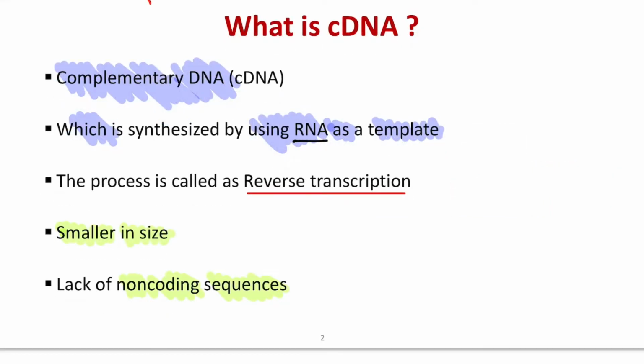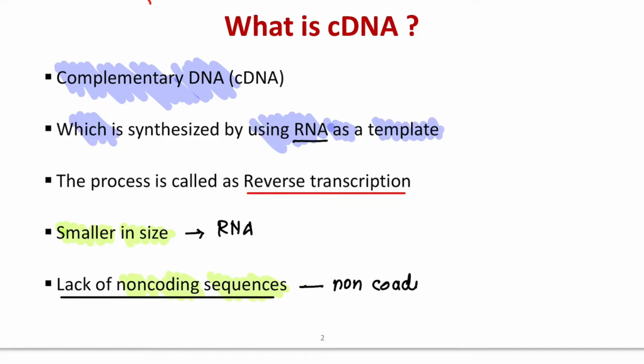So basically, the cDNA molecules are very small in size as they are reverse transcribed from the RNA molecule, and also this cDNA doesn't have any kind of non-coding sequences.